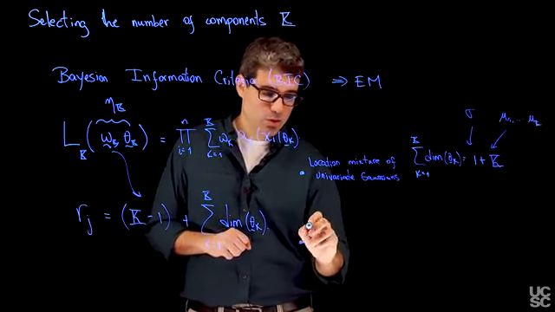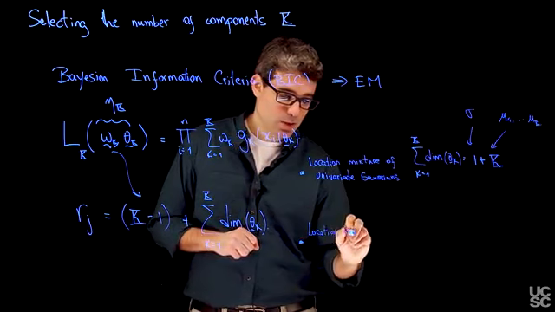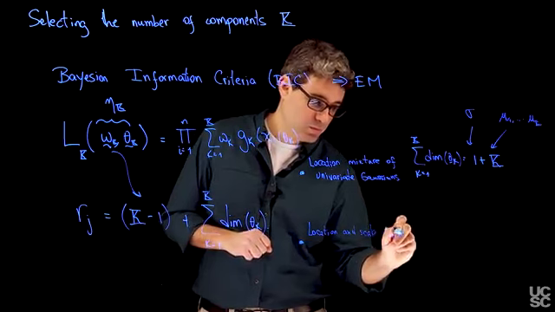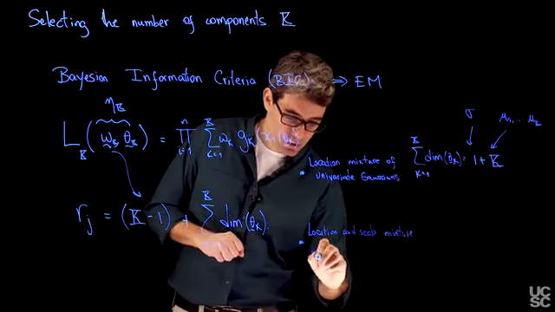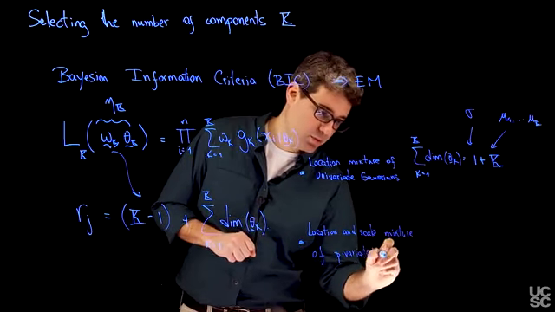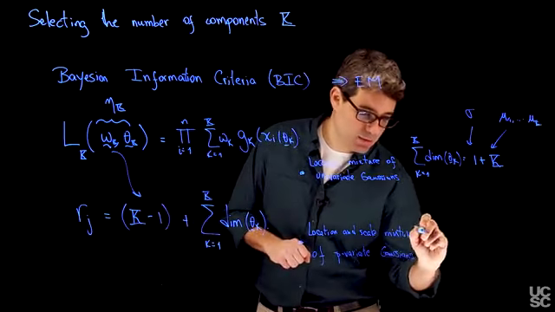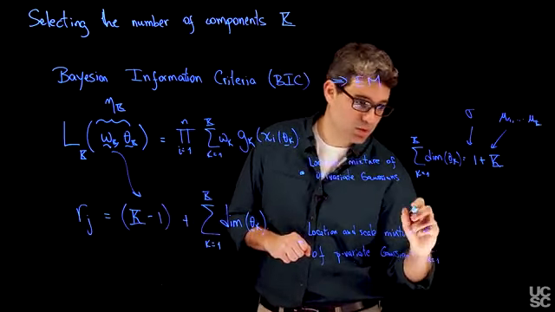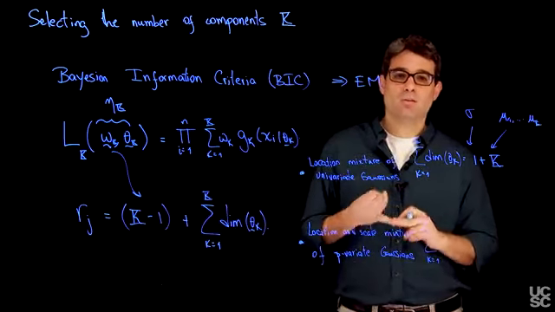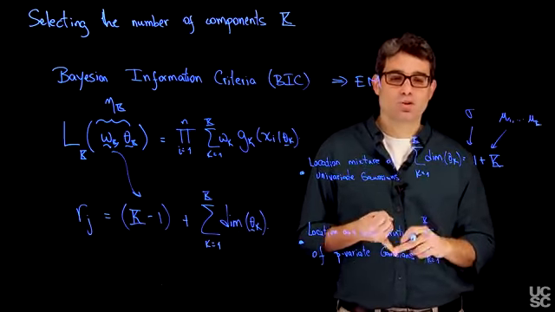On the other hand, if you are doing a location and scale mixture of p-variate Gaussians, then the same quantity sum from K equals 1 to capital K becomes, now you have one vector mu that has p entries for each one of the components.